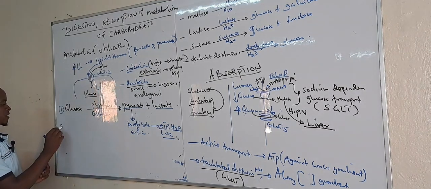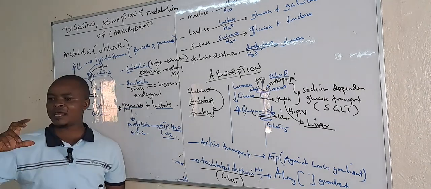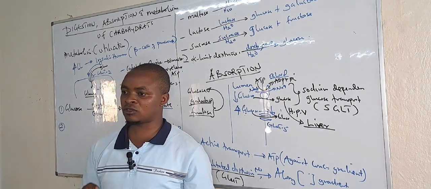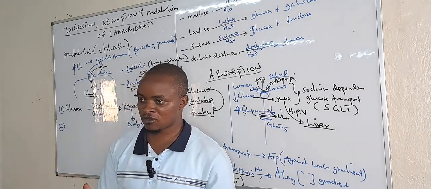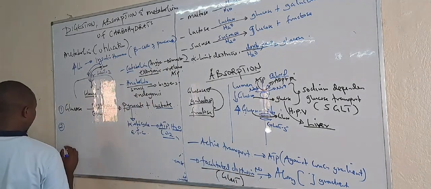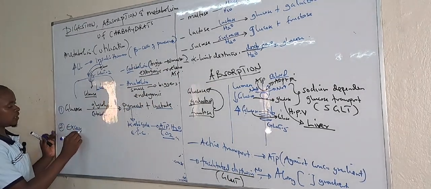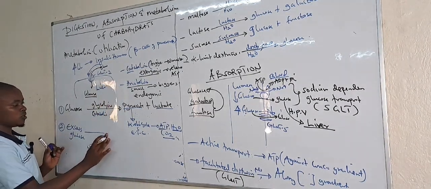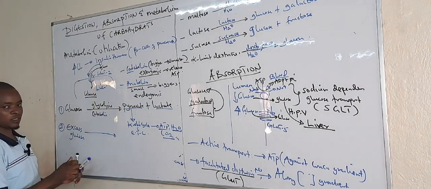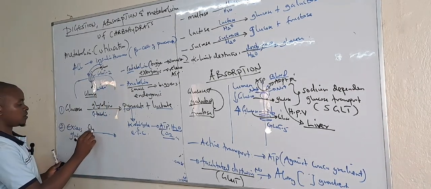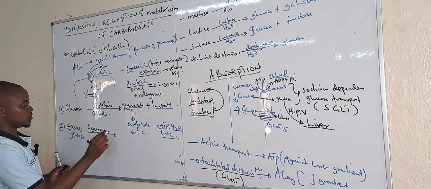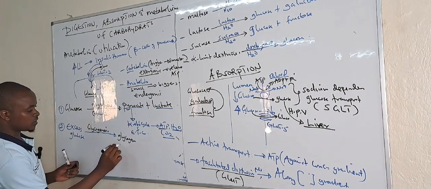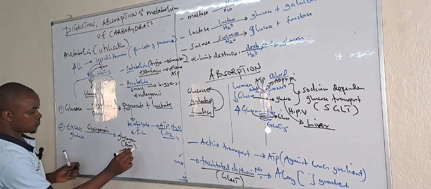Then the second reaction is that in case we have taken more carbohydrates than what the body needs, there is a need for this excess glucose to be stored. So what the body does is that excess glucose undergoes what we call glycogenesis, and it is converted into glycogen, which is stored.